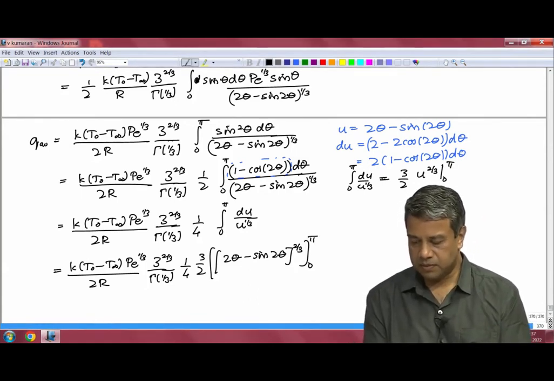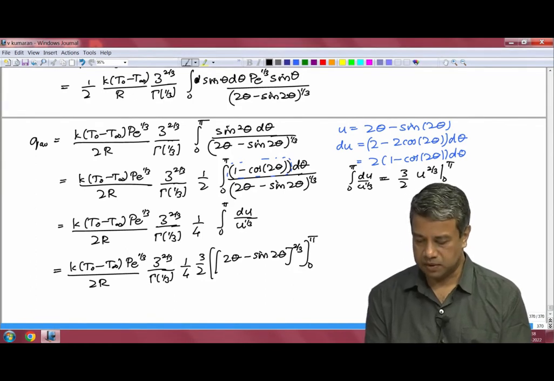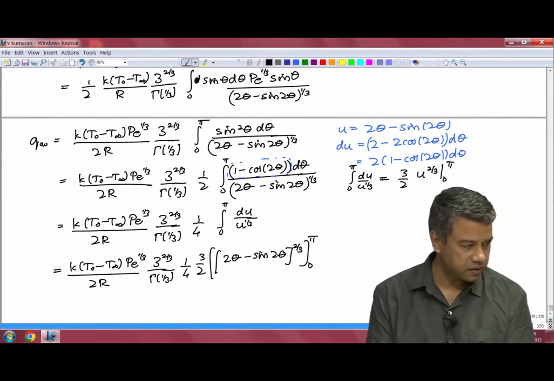So, the evaluation between 0 and pi of (2 theta)^(2/3) is basically (2 pi)^(2/3), into 3 by 2 into 1 by 4 and all of those constants there.